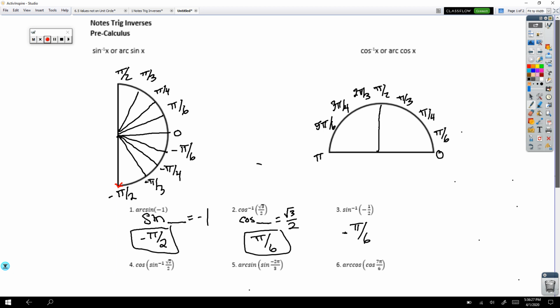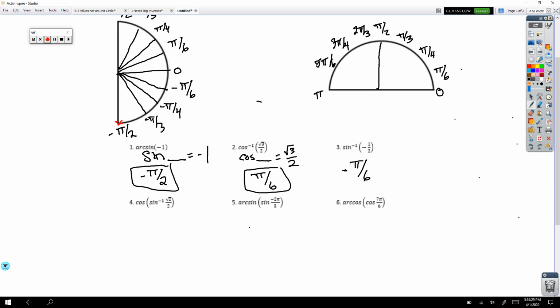Now, we can also do composition of functions involving inverses. The way we're going to handle this, we want to start on the inside of my parentheses. So we'll start with finding sine inverse of the square root of 2 over 2. So sine of what angle gives me a y value of root 2 over 2?